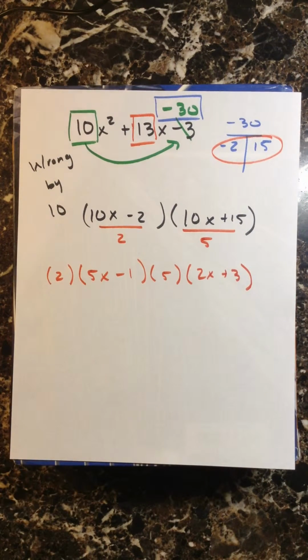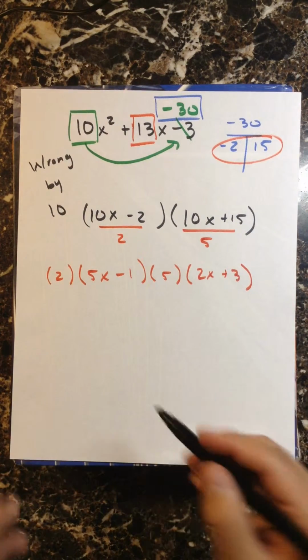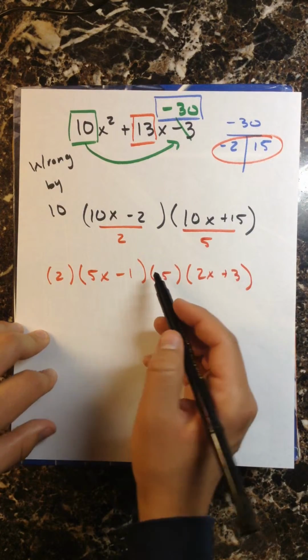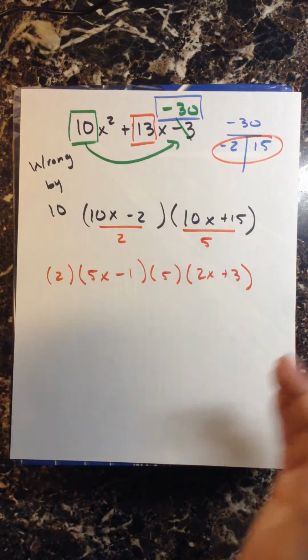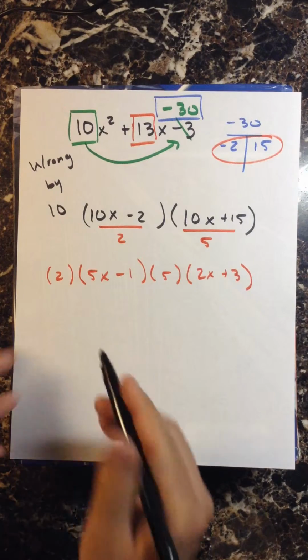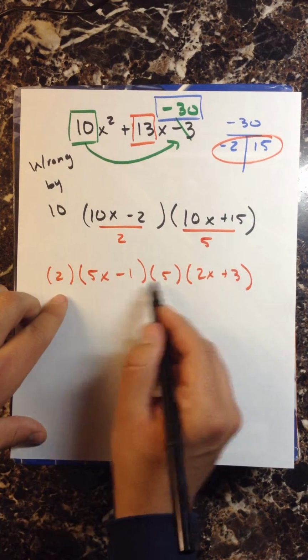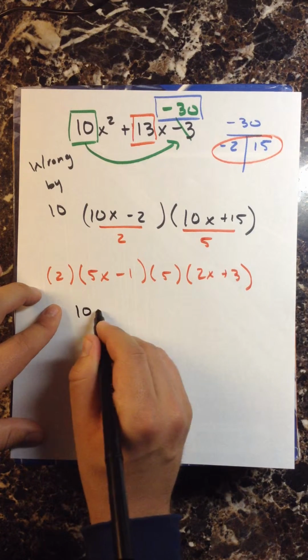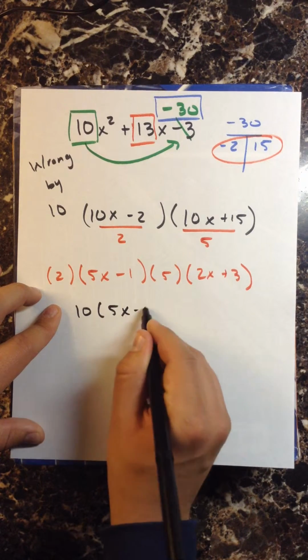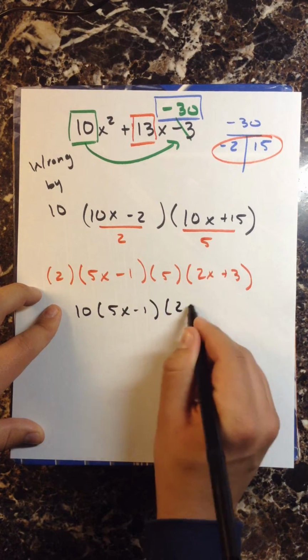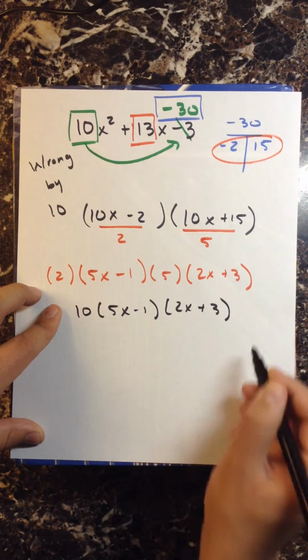So now, just to clean things up, I'm going to go ahead and put this 2 and 5 together, because we know if we're multiplying a string of things, we can rearrange those things in whatever order we want. So we'll take these guys and put them together up front, and so 5 times 2 is 10. So we'll have 10 times 5x minus 1 times 2x plus 3.